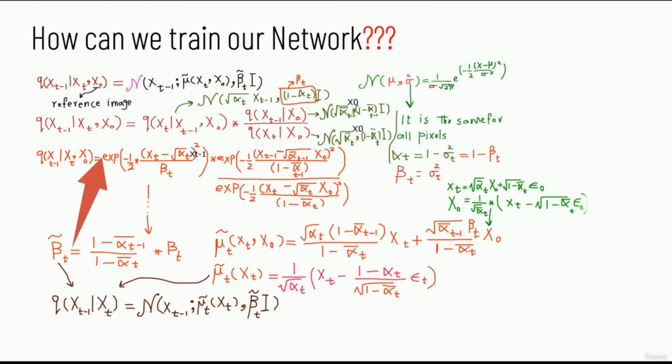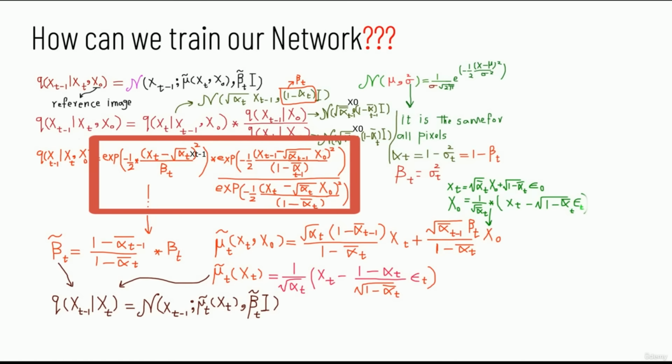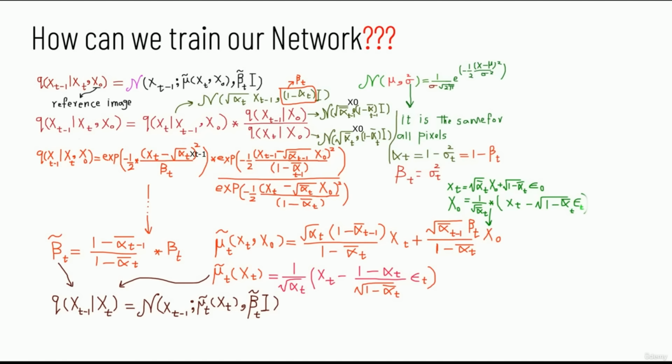It is actually available in this place here. But as we said previously, we will convert all these exponentials into just one exponential. Here we will compare the power of this exponential with the power of the exponential in this equation to compute the value of the mean and the variance of the target distribution.